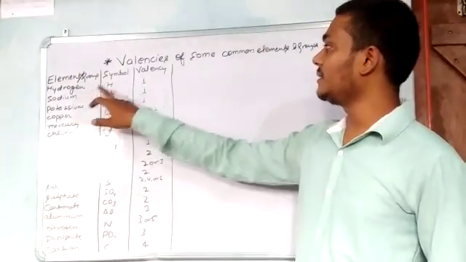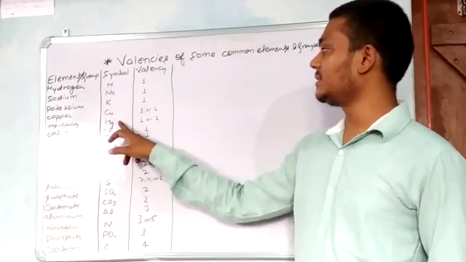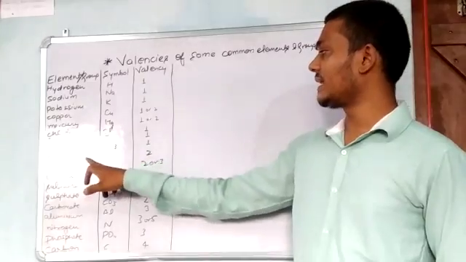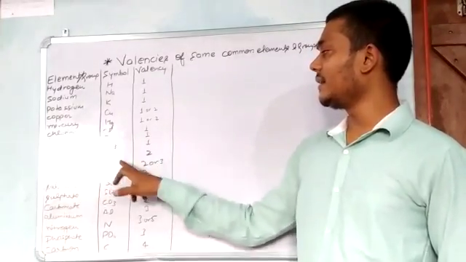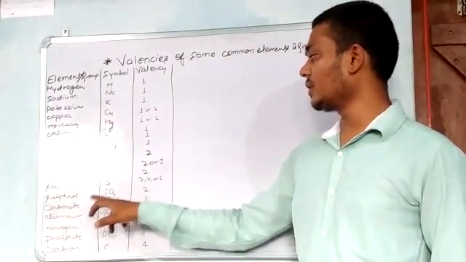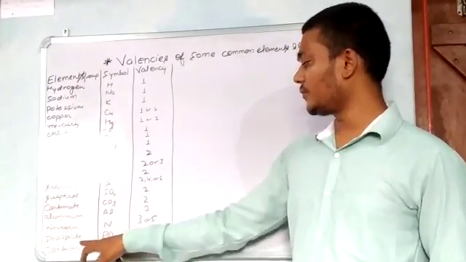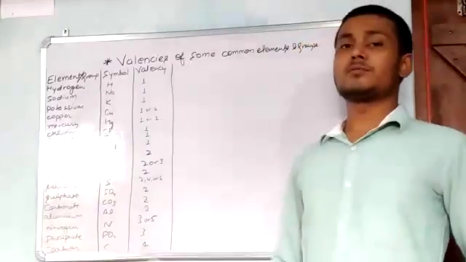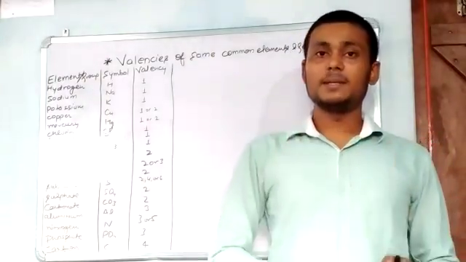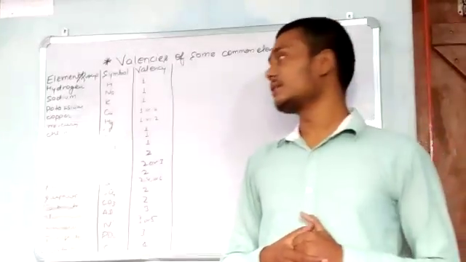Hydrogen is denoted by H, sodium Na, potassium K, copper Cu, mercury Hg, chlorine Cl, iodine I, nitrate NO3, calcium Ca, iron Fe, oxygen O, sulfur S, sulfate SO4, carbonate CO3, aluminium Al, nitrogen N, phosphate PH4, and carbon C. First of all, you need to remember the elements' names and their symbols. Okay. Then after, remember their valency.